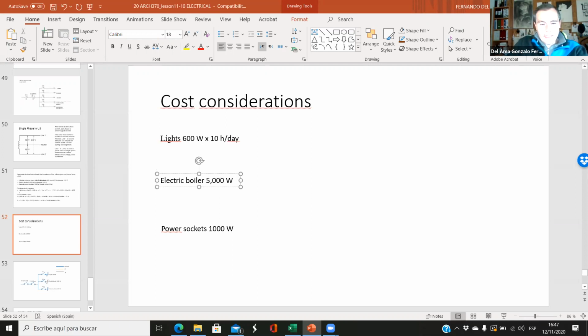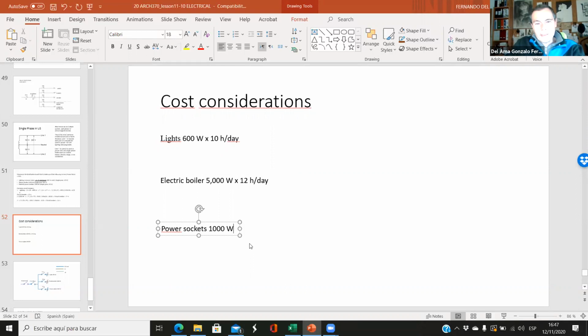So how many hours a day do we use the electric boiler? If it's summer, probably we don't need an electric boiler. But the coldest day in winter, how long can we use this? 10 hours, 12 hours, 24 hours? I don't know. Let's say 12 hours per day.